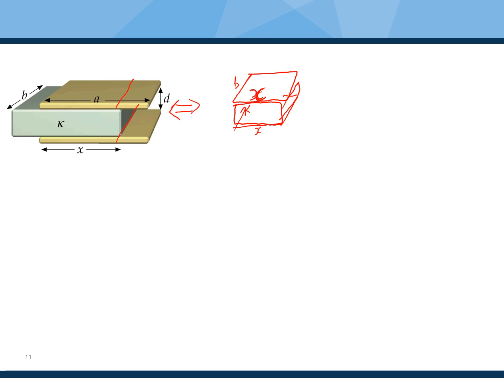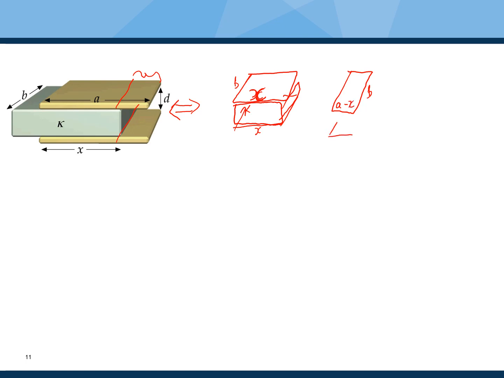However, I have this remaining part of the plates which I also have to consider, so I draw another plate out here, and for this plate, this distance is b, and this distance is given by a minus x.